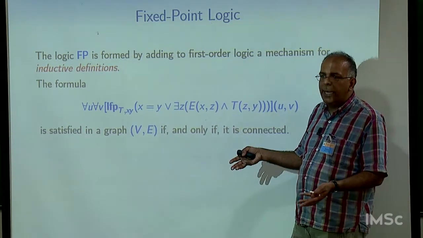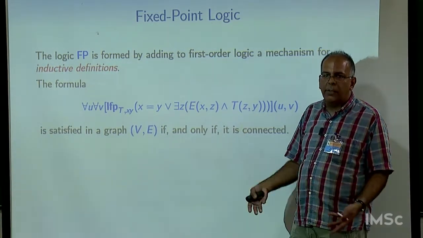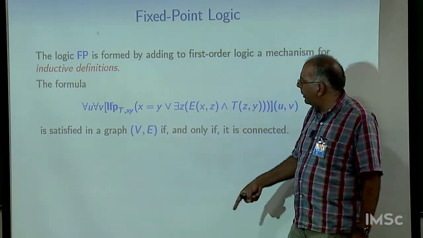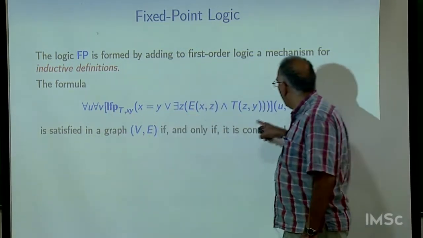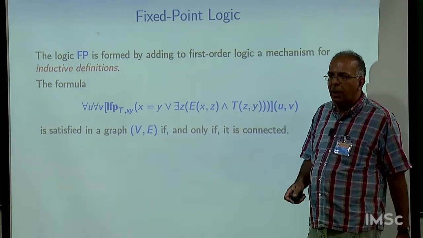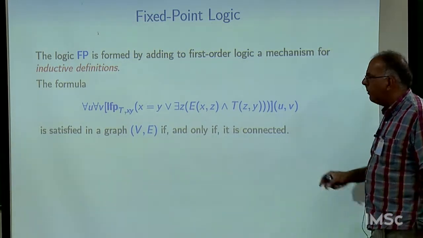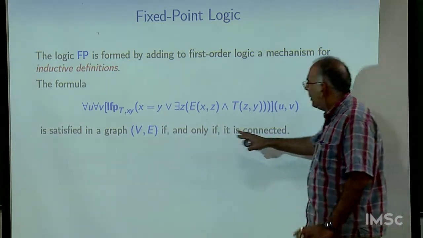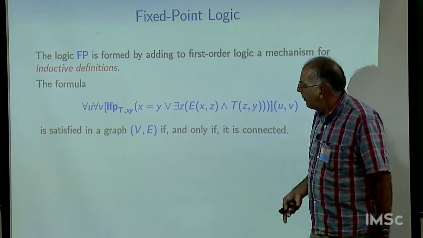So the smallest such relation is in fact the reflexive transitive closure of the edge relation. And then those things say that every pair UV is in that reflexive transitive closure, which is to say the graph is connected, right? So this is a mechanism for having inductive definitions.